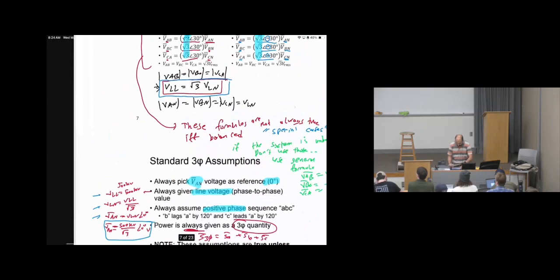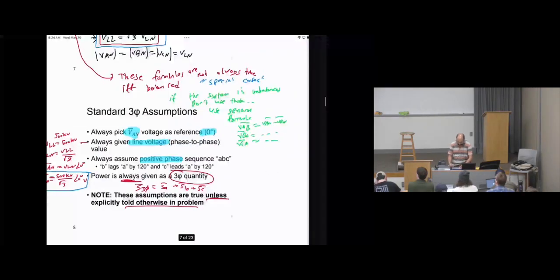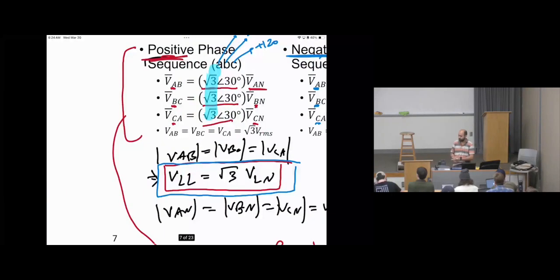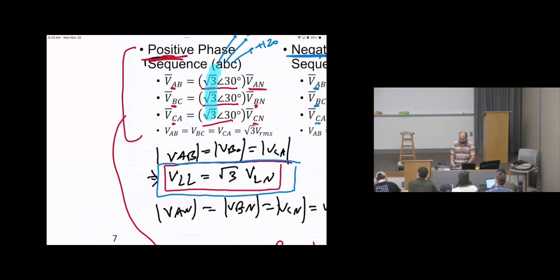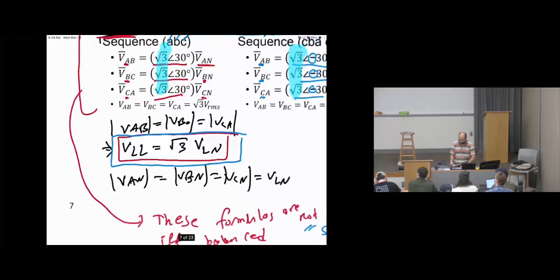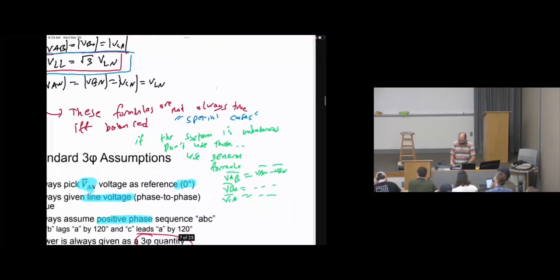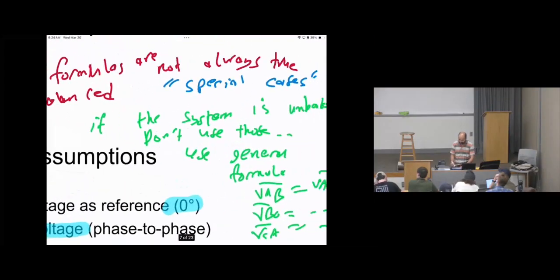So here in the notes, there are formulas. Our sequence is positive, right? So we will say VAB equals root 3 angle 30 times VAN. But it's unbalanced. Let's go back here. We said these formulas are not always true. If the system is unbalanced, don't use this, right?